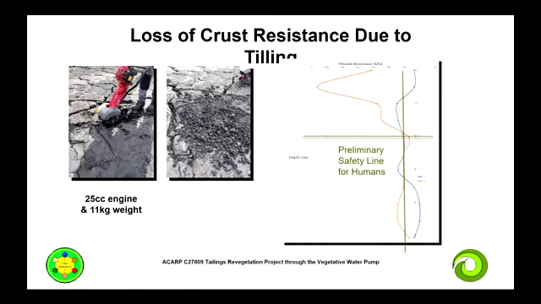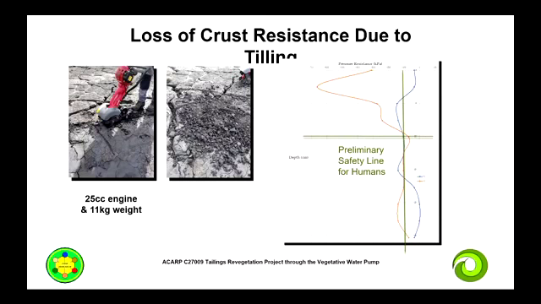But we discovered very quickly that even on such a very small scale, we had a loss of resistance. So this graph here shows depth again and loss of resistance along the top. This was calculated using a baseline measure of cone pressure and then subtracting the pressure after tilling.